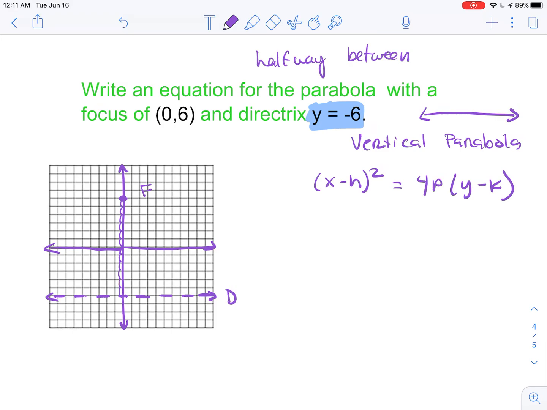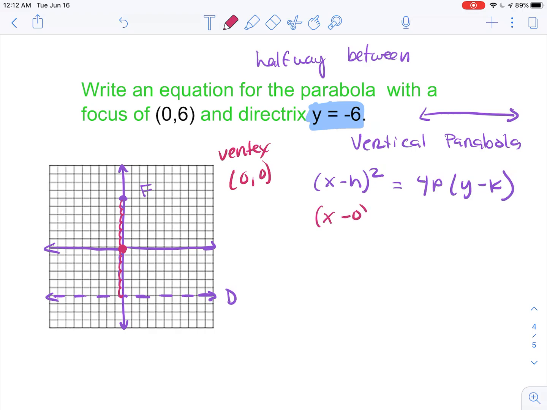So my vertex is going to be 6 boxes away from that. Counting again, 1, 2, 3, 4, 5, 6. Is it 6 from the other? 1, 2, 3, 4, 5, 6. So my vertex is going to be that point right there, which actually works out to be (0, 0).